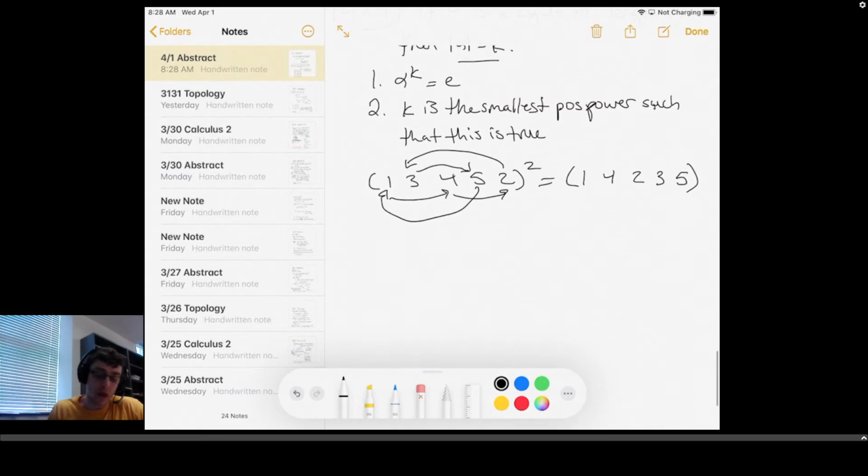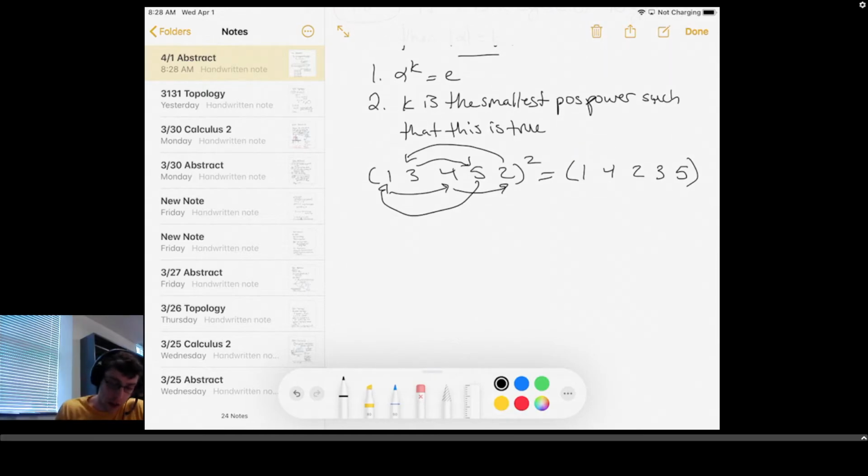So what's really going on? Can you tell me in general? So if I write (1 3 4 5 2) to some power in general, so say to the mth power, can you tell me where 1 goes?